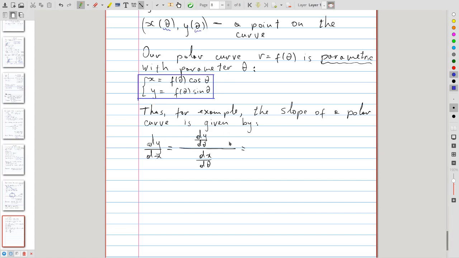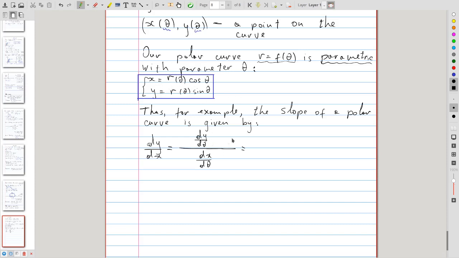And so we have dy over dx is equal to, if we just denote this function f by r, right? So that's the r of theta here and here. So we are not going to introduce a separate notation for the function. We'll just say that r just depends on theta.